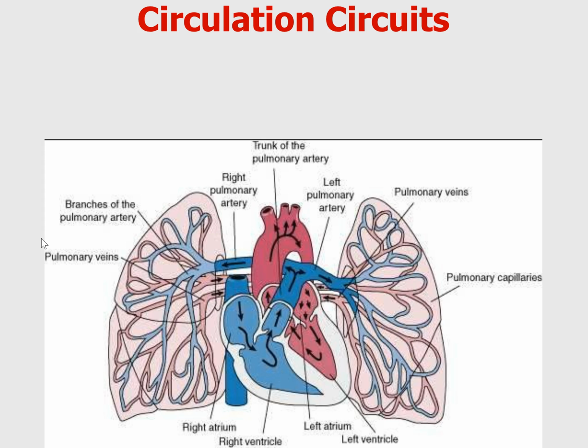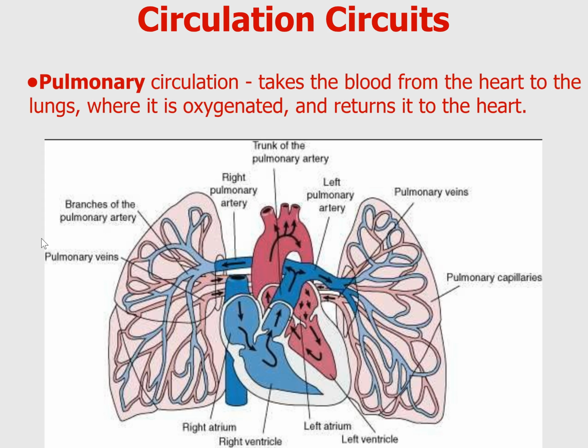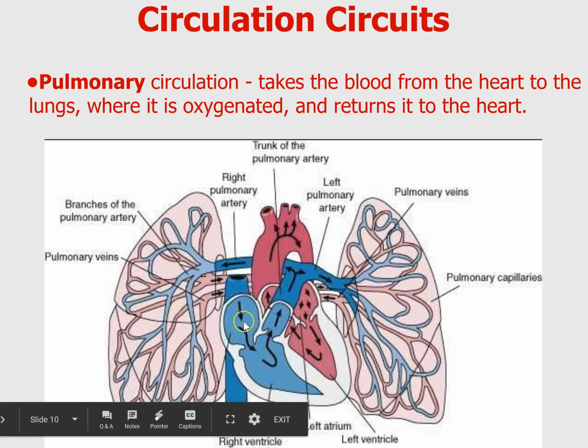All right, circulation units. We know that blood flows all over the body, but it's divided into 3 different circuits. The first one is pulmonary circulation. When the blood first arrives into the heart, on the right side, it is deoxygenated. It doesn't have a whole lot of oxygen, so we need to get that taken care of first.